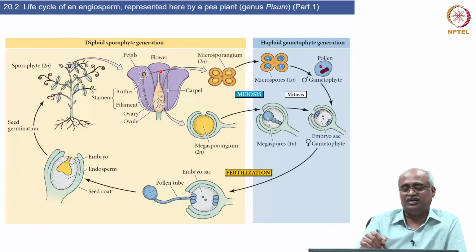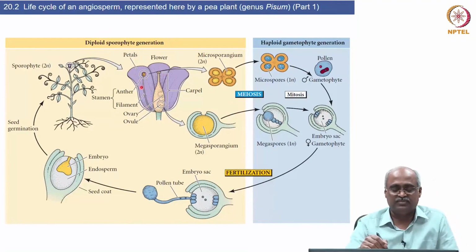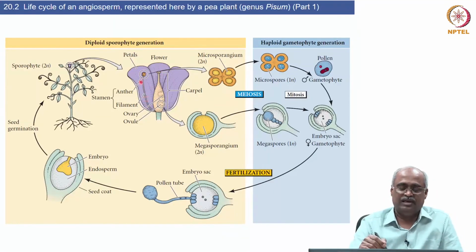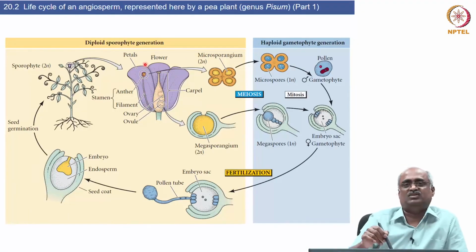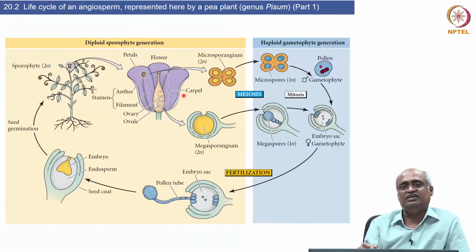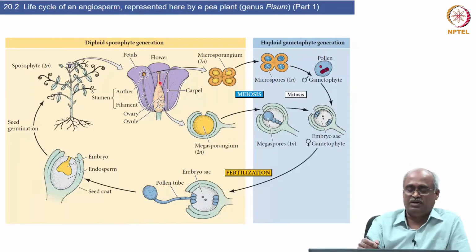Then you have another structure called the carpel, which is like our ovary in mammals. It has a stigma on the top. I will show you a specific plant so you will appreciate these distinct structures well. Then there is the style, and then the ovary, in which you have the ovules, the individual eggs.